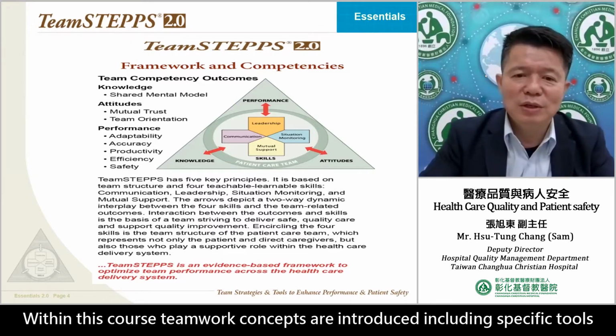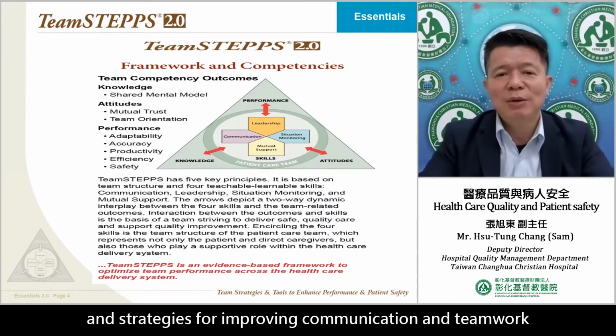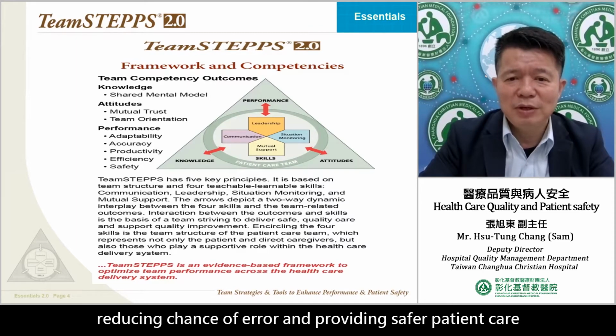Within this course, teamwork concepts are introduced, including specific tools and strategies for improving communication and teamwork, reducing chance of error and providing safer patient care.